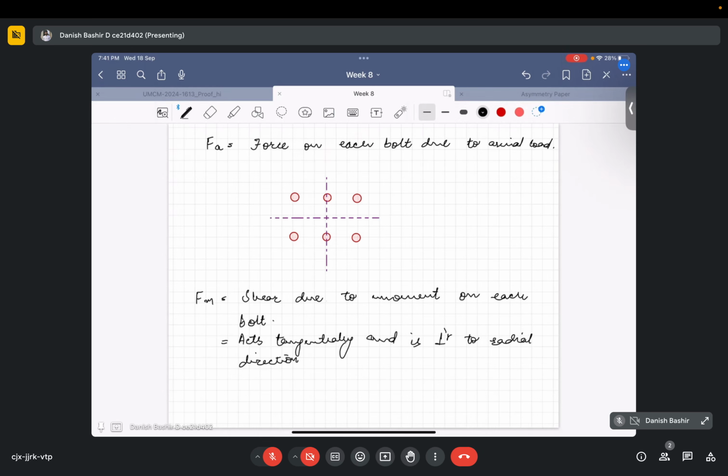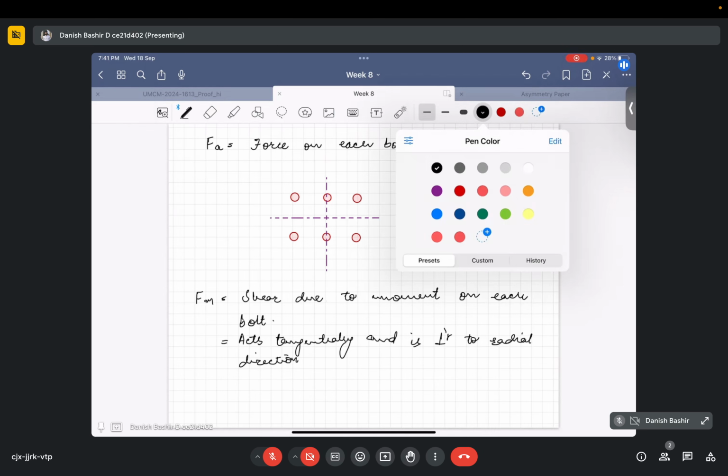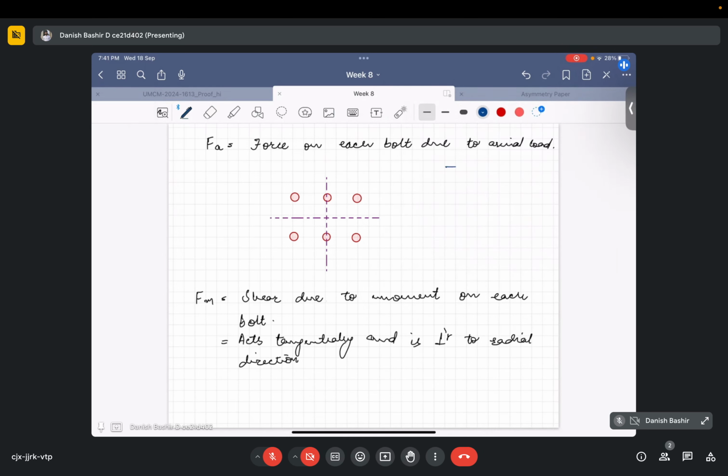I am taking two colors here. This color I am using for axial shear. The axial shear on each bolt will be in the downward direction as the load is acting downward. Are you getting my point?